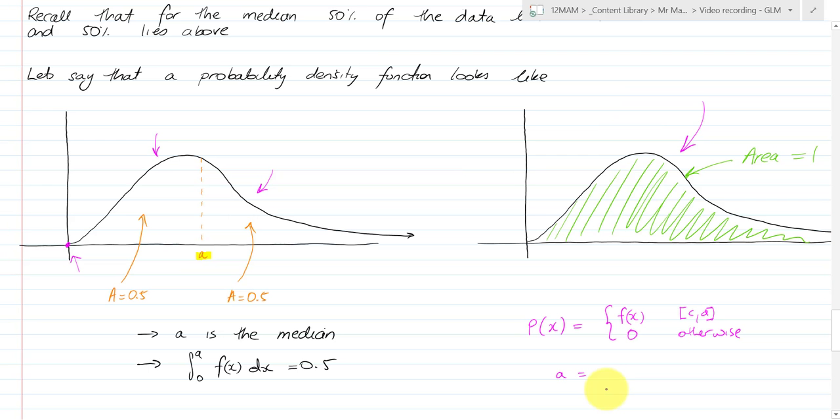So if this was a probability density function with just random boundaries, C and D, I've pre-written this because my OneNote just crashed.